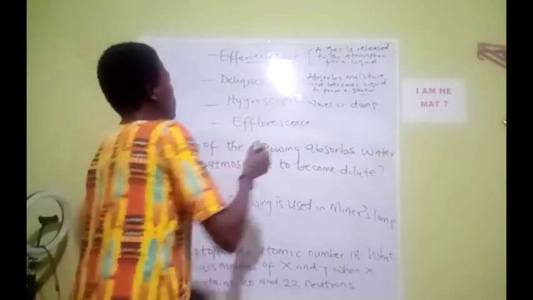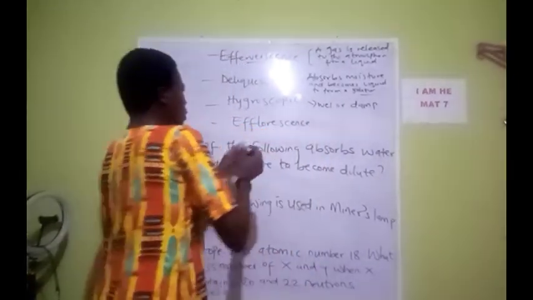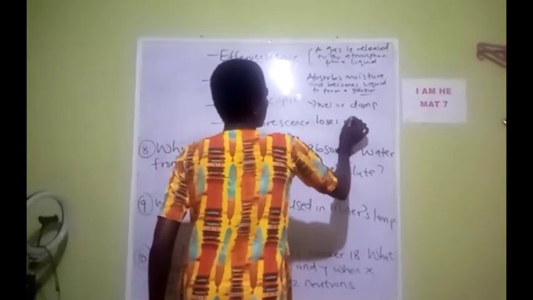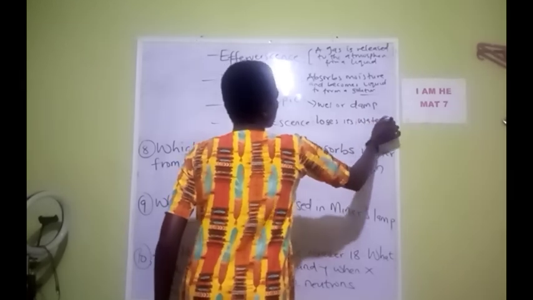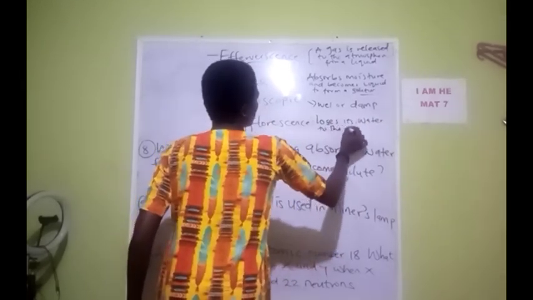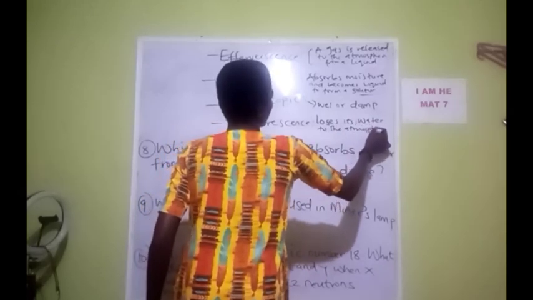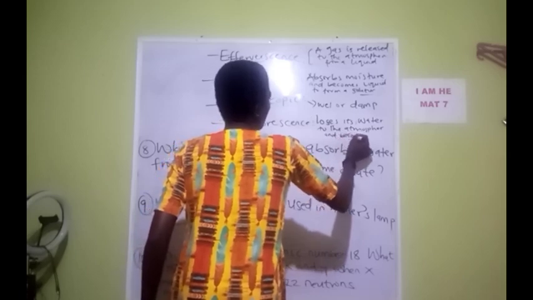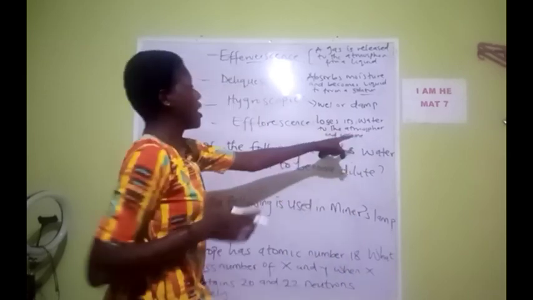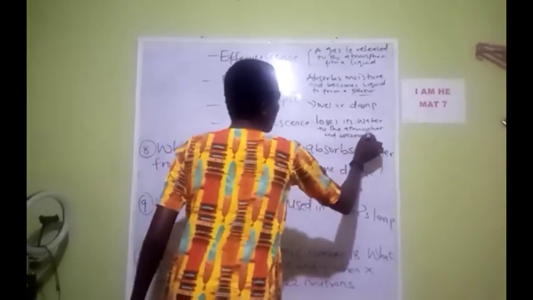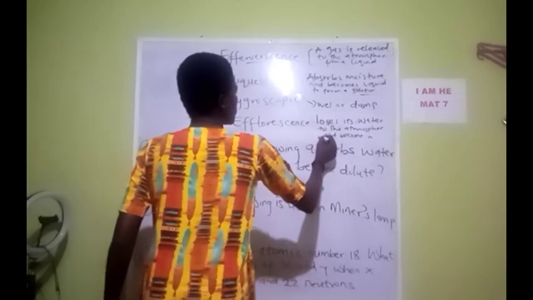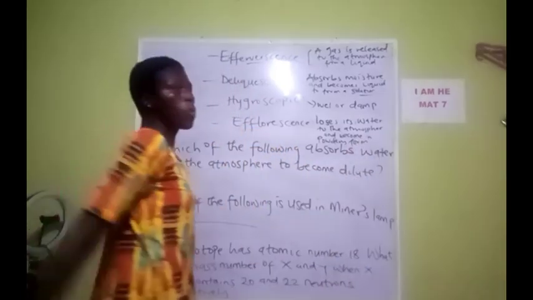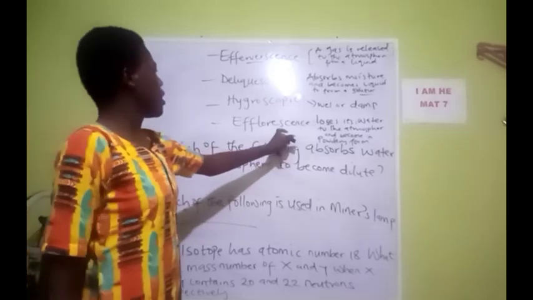Whereas efflorescence is when the substance loses its water to the environment, to the atmosphere, and becomes powdery. An example is washing soda, which experiences this.